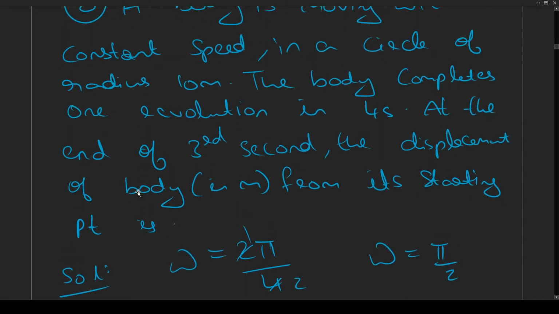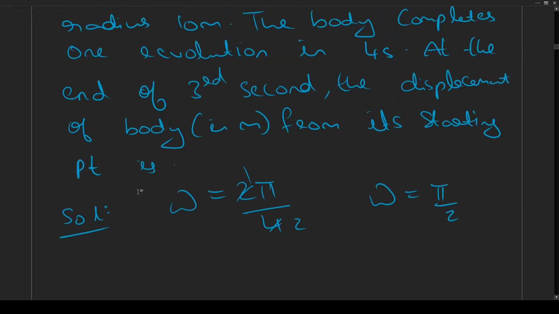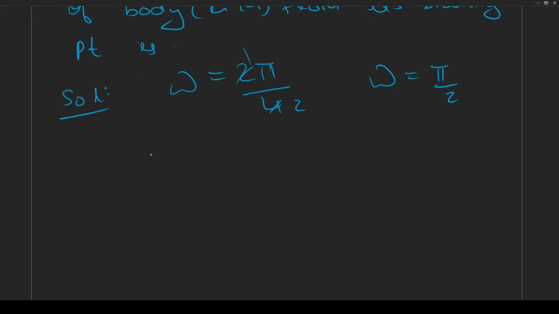Then they're asking the displacement of the body at third second. Velocity we will get as pi by 2 times 10 meters, that is 5 pi. Velocity is 5 pi.